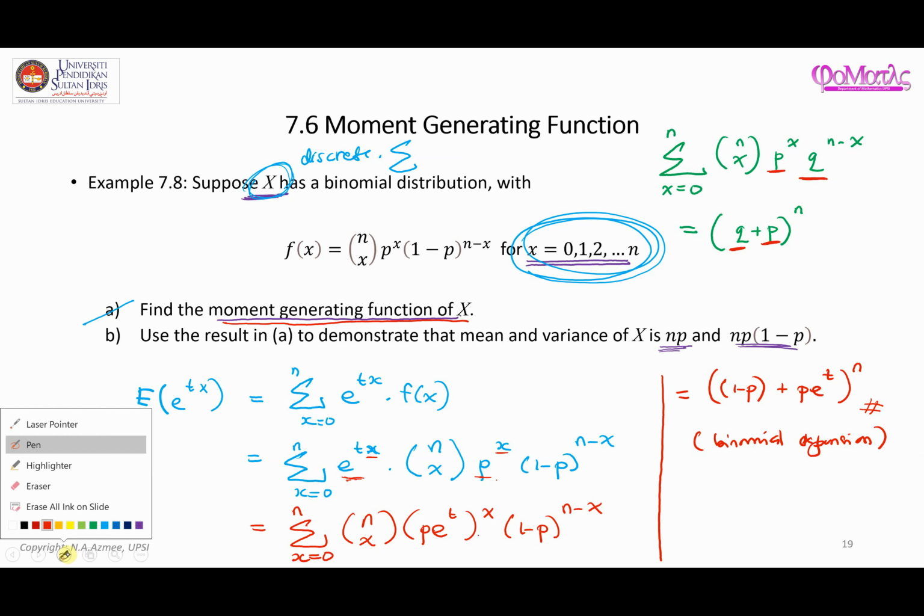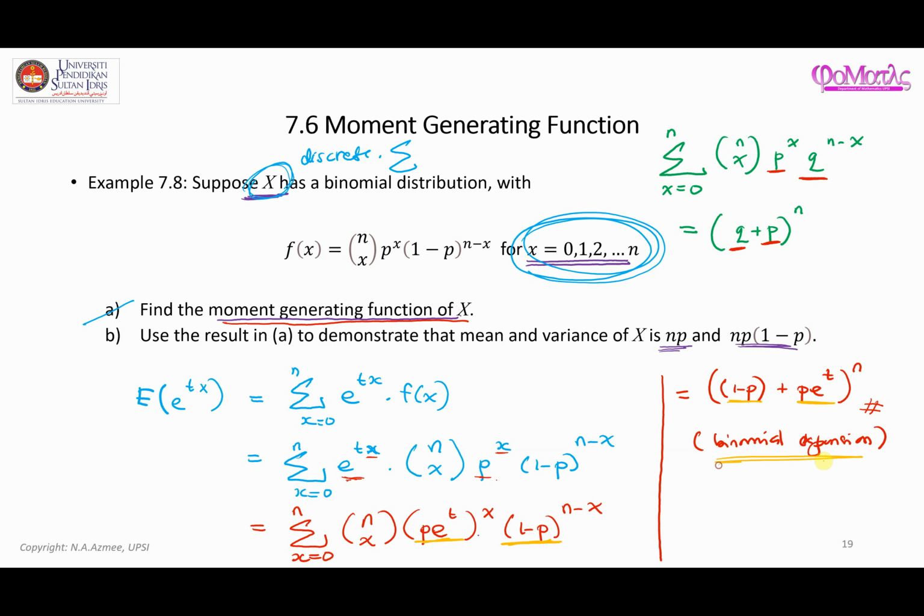Similarly, what we have over here is 1 minus p, so it goes right there, and p e^t goes right here, to the power of n. So that is the result, and this is the MGF of x. I might have to do a video to explain more about the binomial expansion, and I think I'll talk about it in the next video.